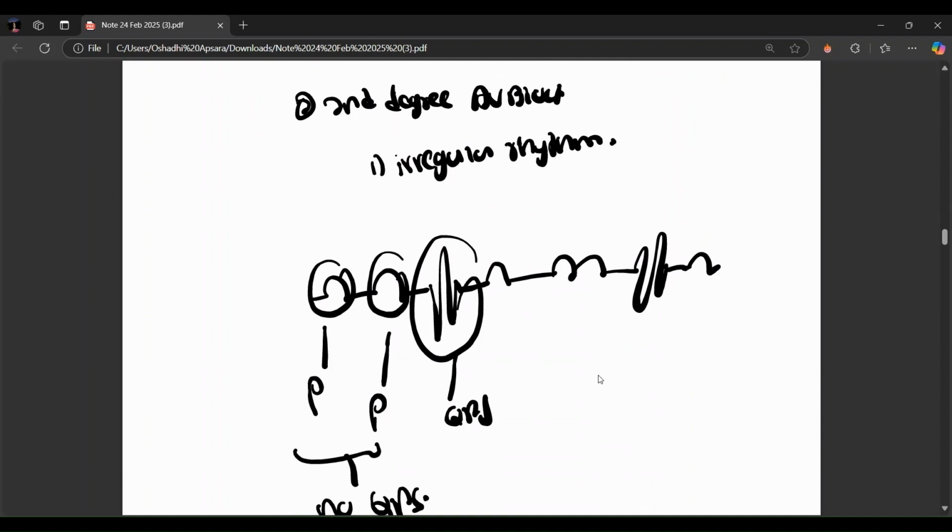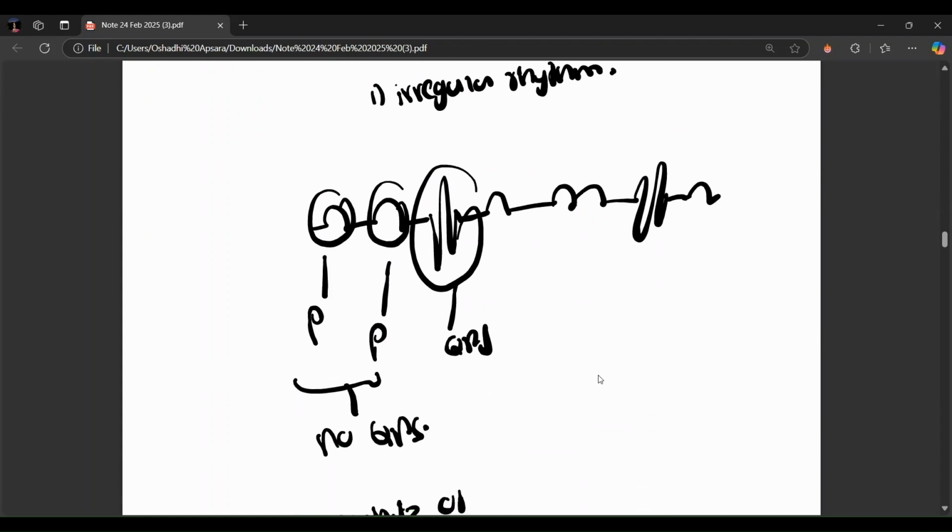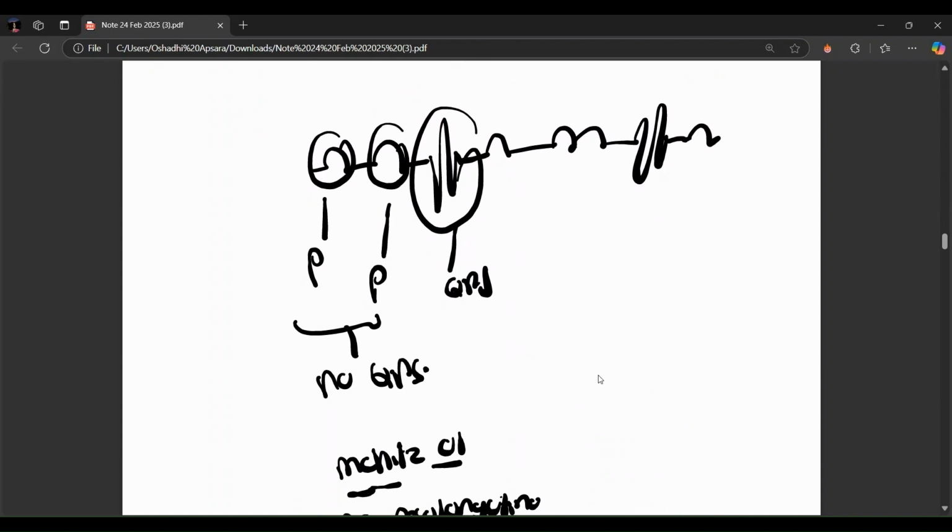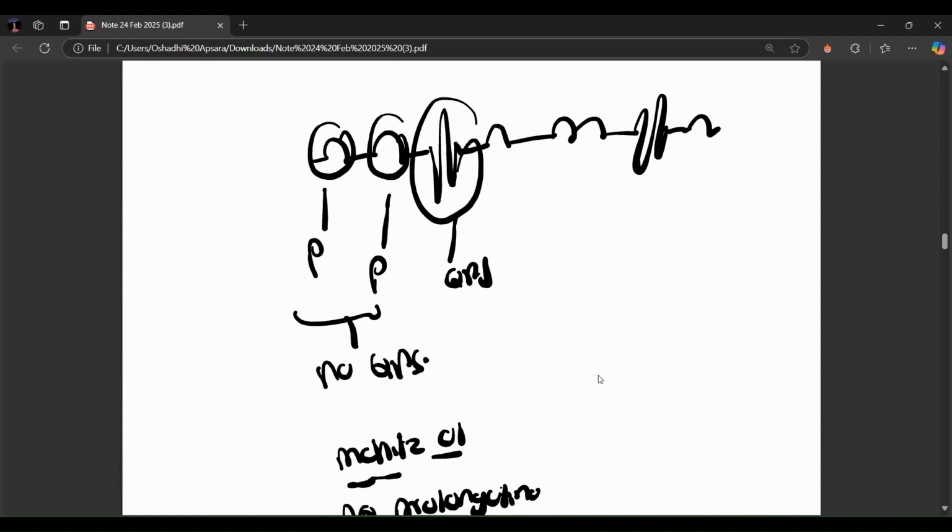Next, the second degree. What is the criteria for second degree AV block? First, it is an irregular rhythm. Next, between two P waves, one QRS is absent.